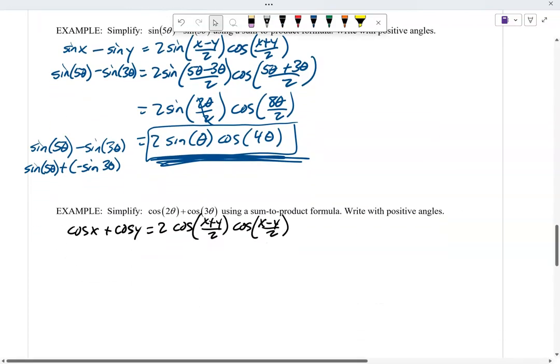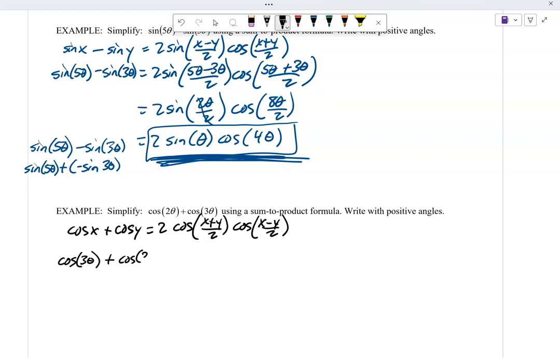Notice we have an x minus a y again, and since cosine 2 theta plus cosine 3 theta is the same as cosine 3 theta plus cosine 2 theta, I can reverse those, and then I won't have a negative on this again. So let's switch the order because we got a plus.